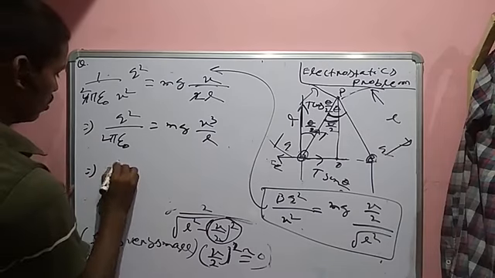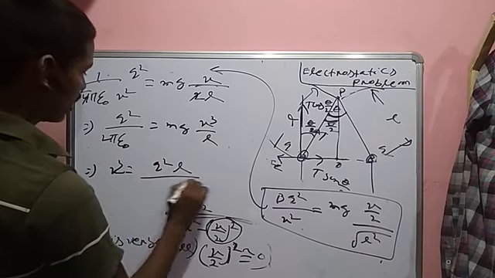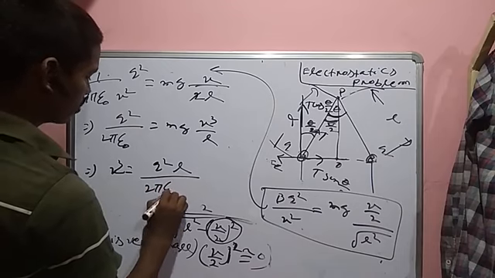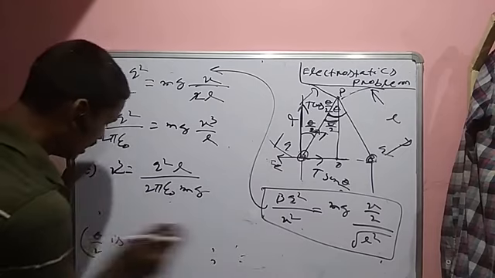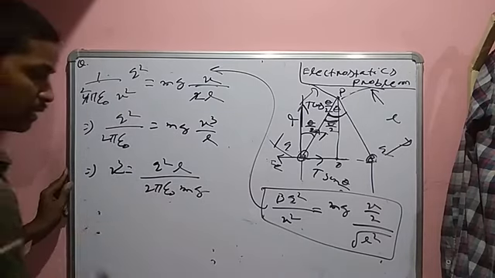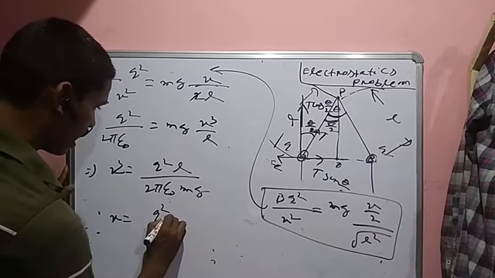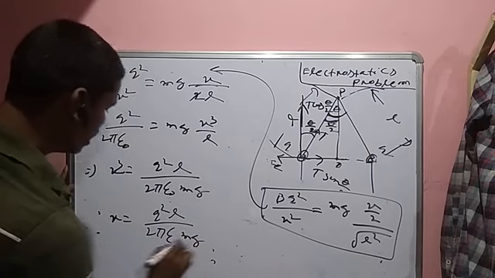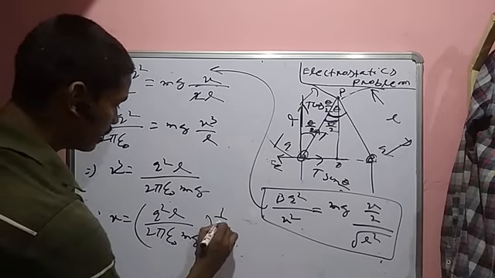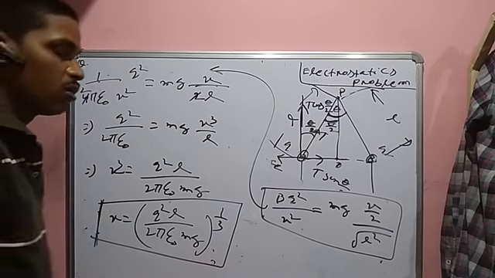That means x cube is q square L divided by 2 pi epsilon 0 mg. So we can write x is equal to q square L by 2 pi epsilon 0 mg to the power 1 by 3. This is the final answer of your question.